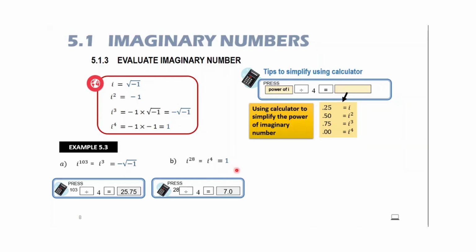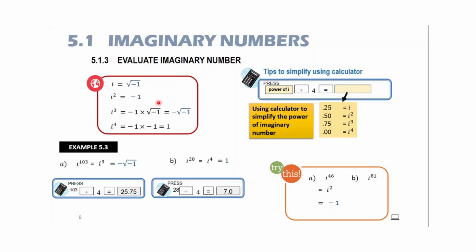Evaluate the value. Okay, let's try this. I want you to try. i to the power of 46. What is the value? Ni akan dapat kalkulator perpuluhan 5 dan akan dapat i kuasa 2. Dan i kuasa 2 ialah negatif 1.